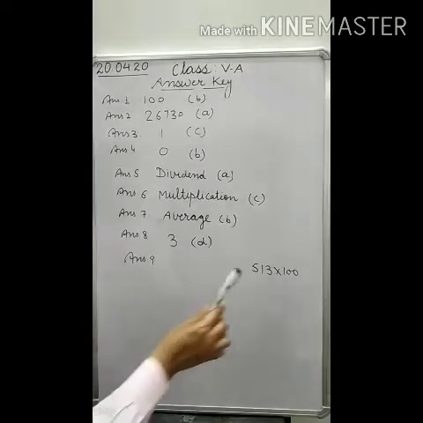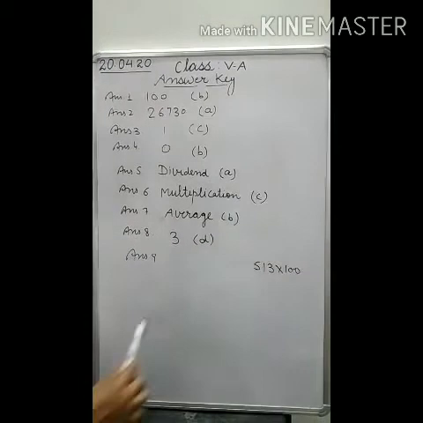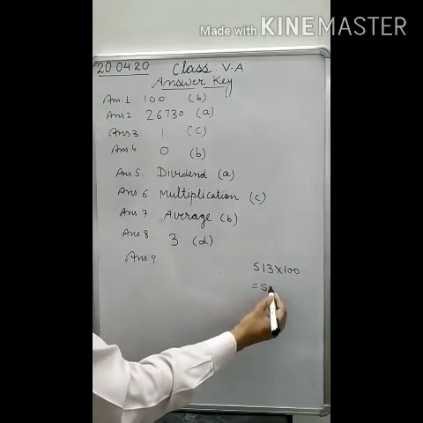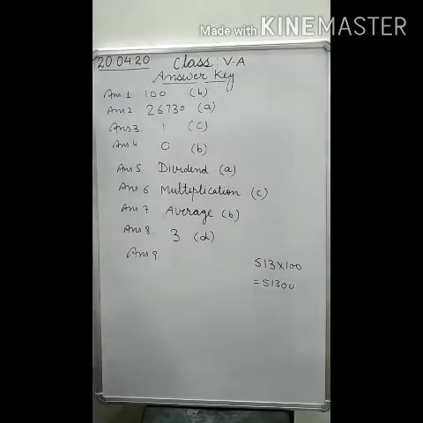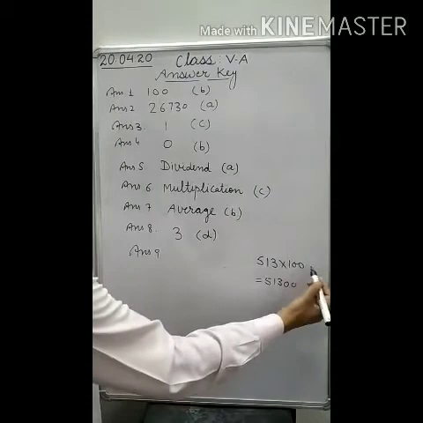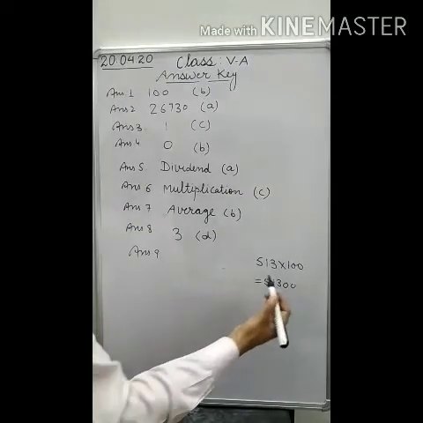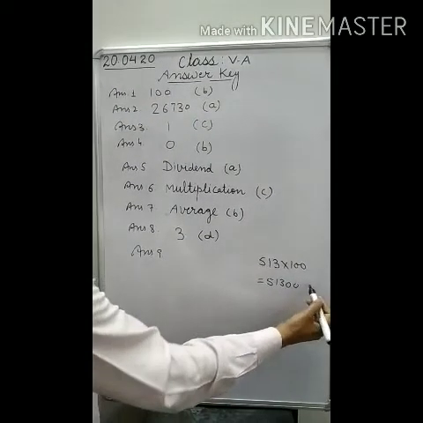Here we have to multiply this number by 100. In 100 there are 2 zeros. So what will be the product? The number as it is, 513, and at the end we put 2 zeros. If we have to multiply the same number by 1000, then in 1000 there are 3 zeros, and the product will be 513 and at the end we put 3 zeros.